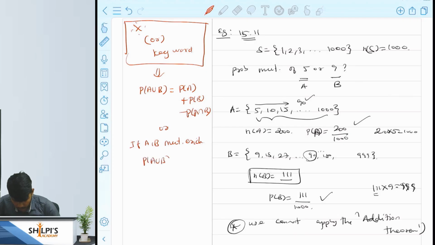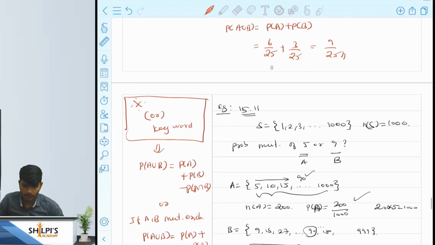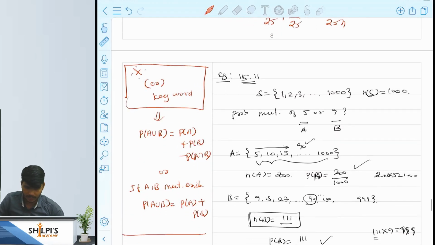So anyhow, we will use the P of A union B formula. This is what you should remember for this topic. If your probability question has the OR keyword, definitely you will use either of these two formulas. You should remember.